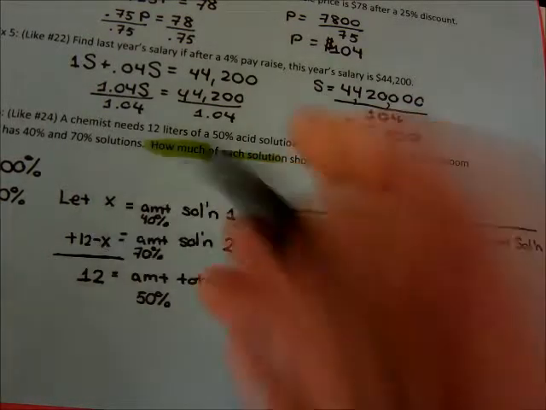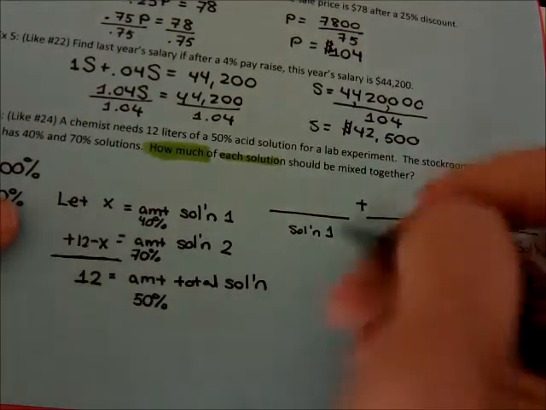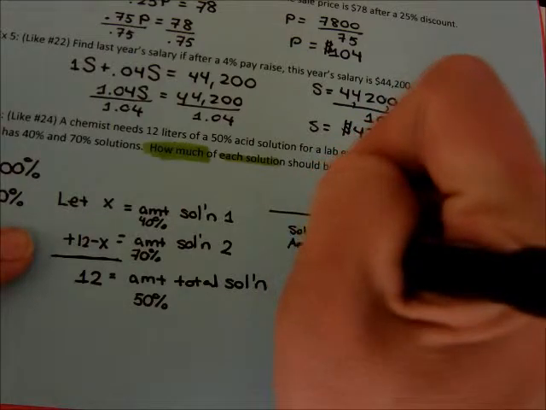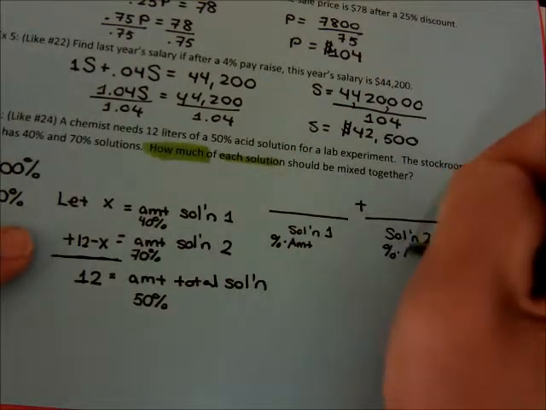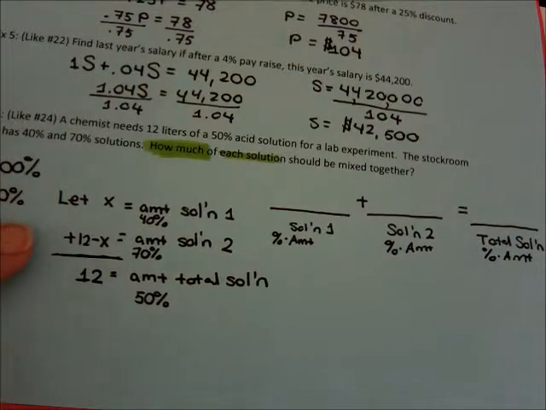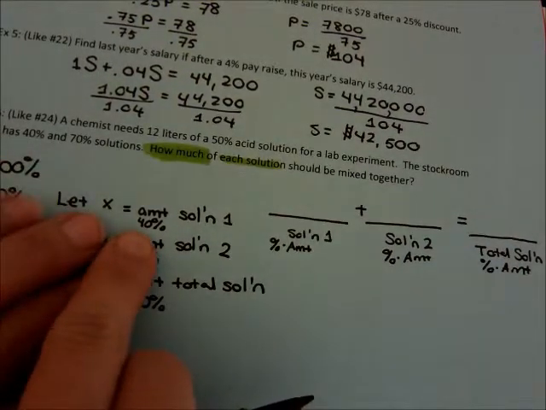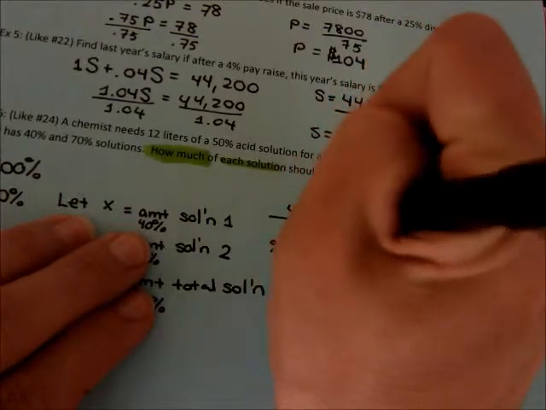All right, so here's what we're going to do now. Into each of these, we're going to do amount, percentage times amount, percentage times amount, and percentage times amount. And we have them all laid out really nicely right here. So here's the percentage for solution 1, 40 times x.